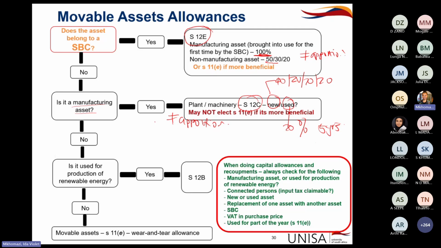Going further down, if the asset that you're looking at is not a 12E or a 12C, then you ask yourself if it's an asset that's used in the production of renewable energy. And if that's the case, then you would consider Section 12B. I see we didn't include in the slide the implication of 12B, but the principles for 12B allowances is that you need to distinguish between assets that are used in the generation of electricity.